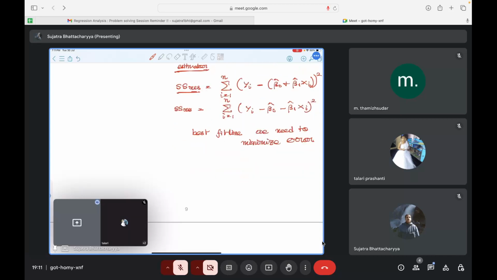And one of the properties of finding the minima is that you differentiate SS residual with respect to these parameters: the partial derivative with respect to beta naught cap equals zero, and similarly, the partial derivative of SS residual with respect to beta 1 cap equals zero. This is the minimum condition.